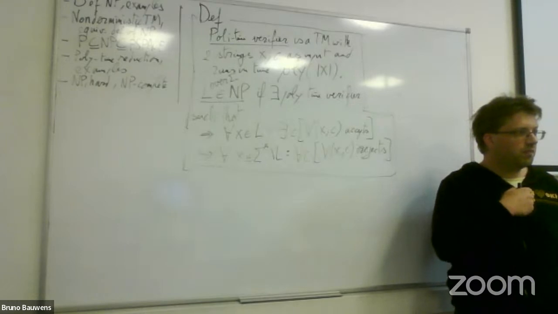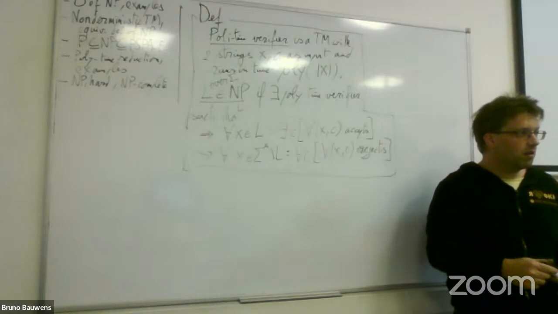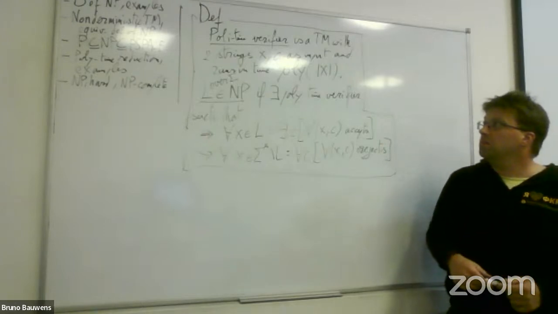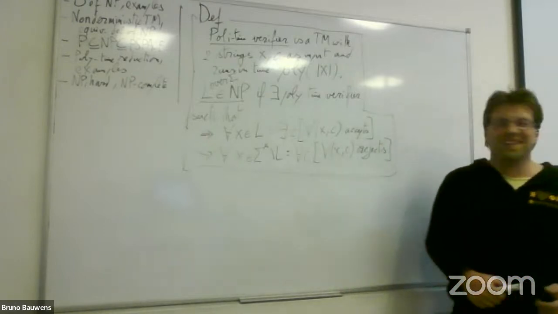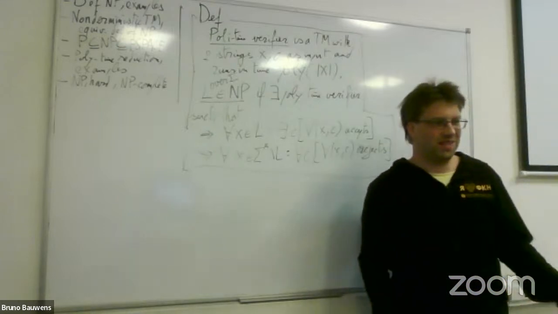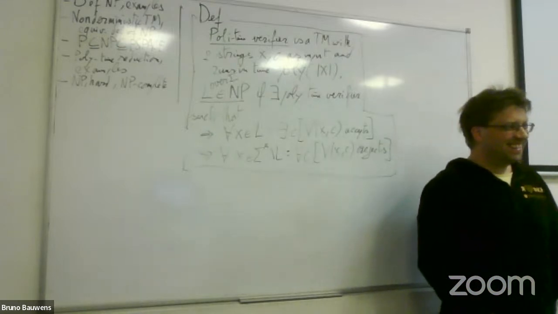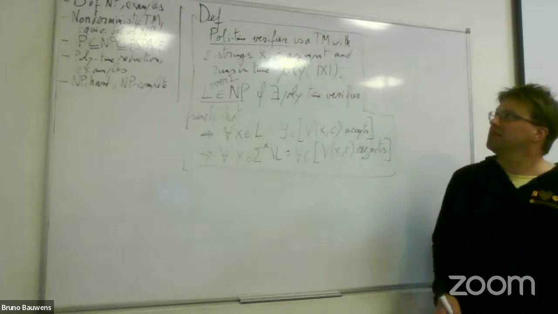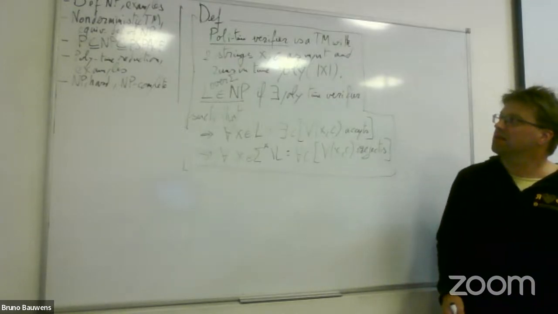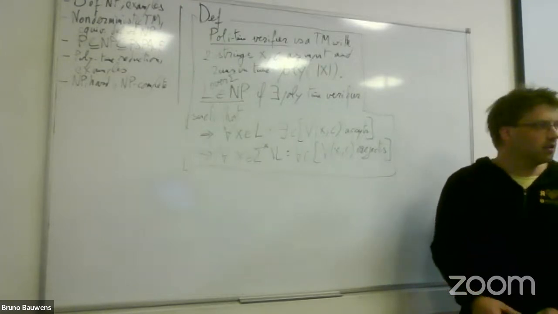Are we interested in polynomial time verifiers just for NP or in general? If we want to build reductions in other classes, do we also need polynomial time?